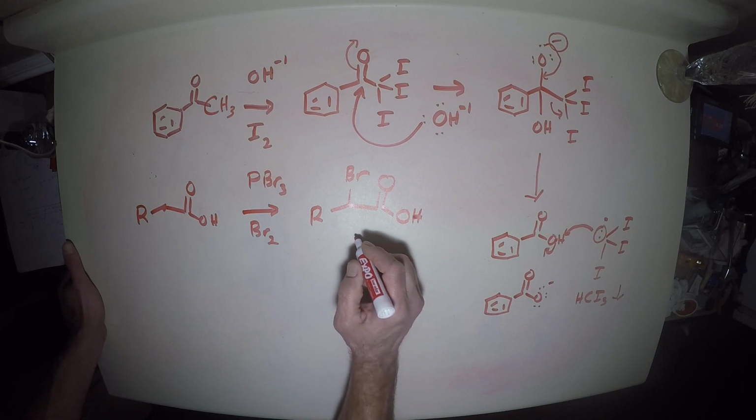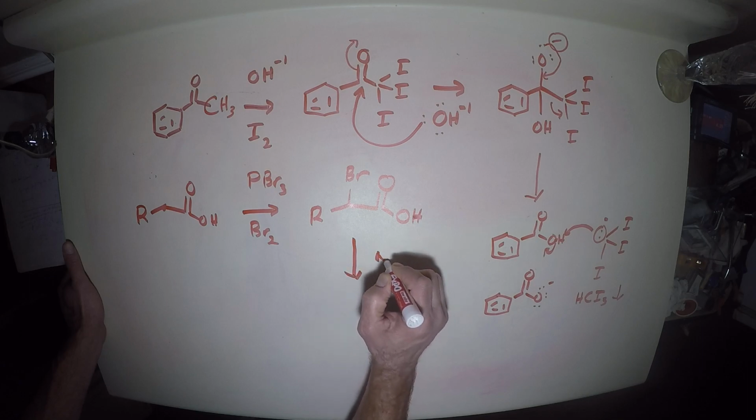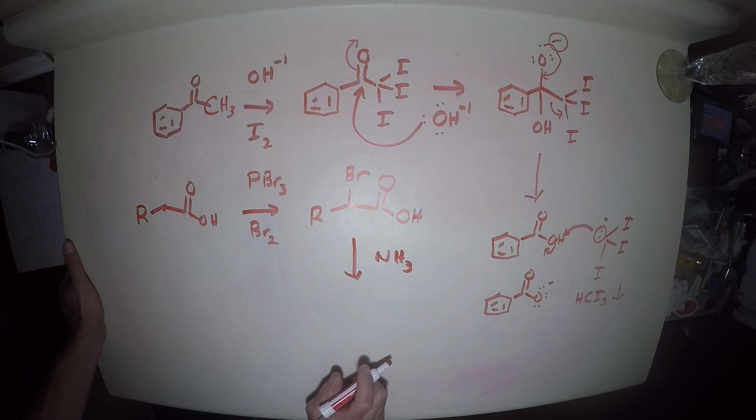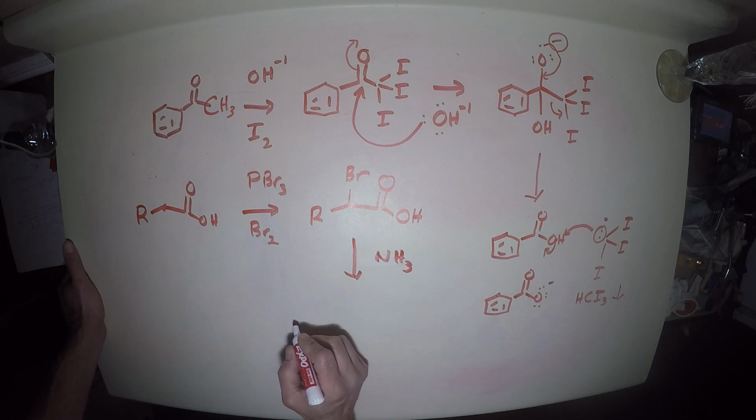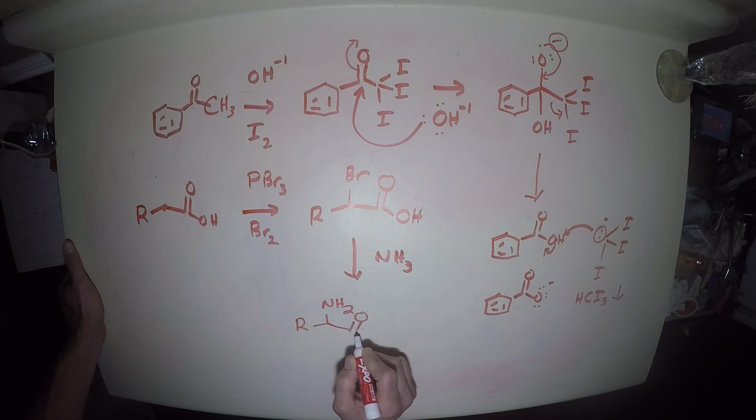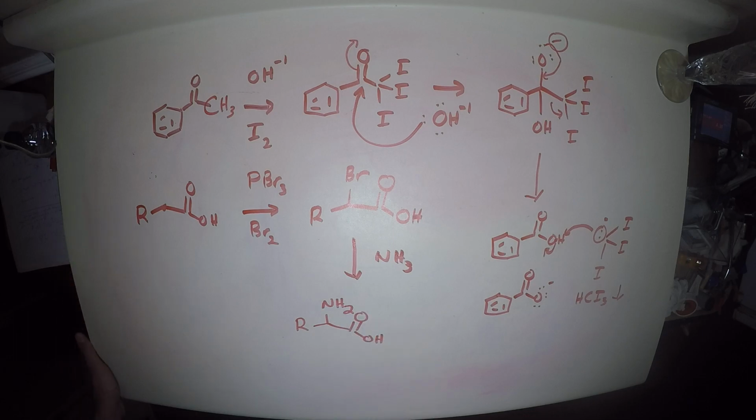Interestingly, this is the original method for how we could synthesize alpha amino acids, also just known as amino acids. So if we take the alpha bromo carboxylic acid with an excess of ammonia, we can end up displacing the bromine as HBr and making a whole sequence of amino acids based on what the R group is.